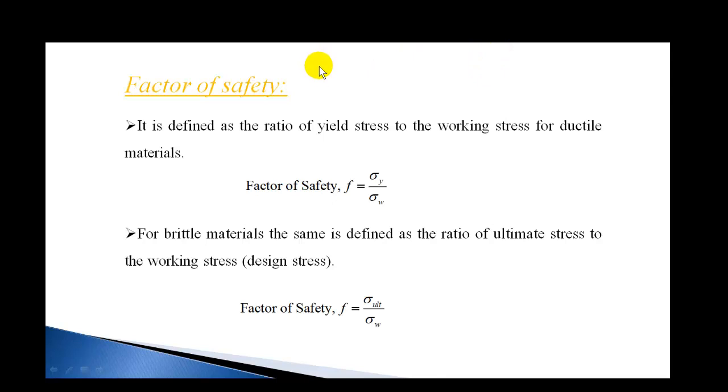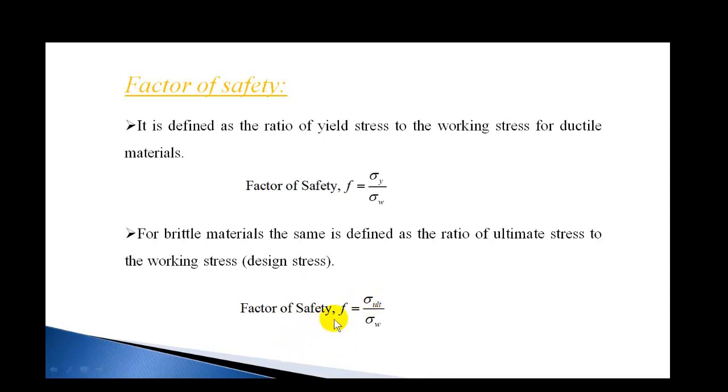For ductile materials, it is defined as yield stress by working stress. But for brittle materials, which do not have a well defined yield point, it is defined based on the ultimate stress. So factor of safety is ultimate stress divided by working stress. In that case you need a higher factor of safety, because the yield stress is always less than the ultimate stress.